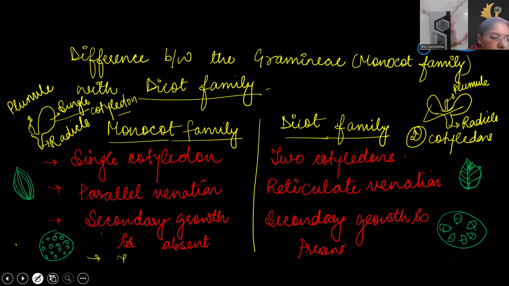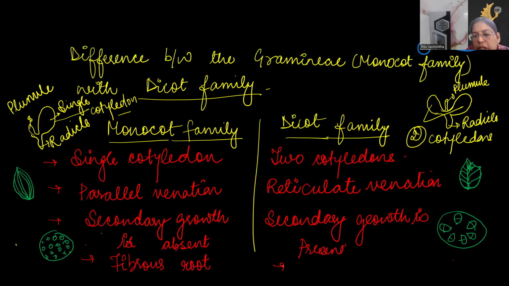Here there is presence of fibrous root system, which is a type of adventitious root system. And here the tap root system is present. So these are the major differences of the monocot family with that of the dicot family.